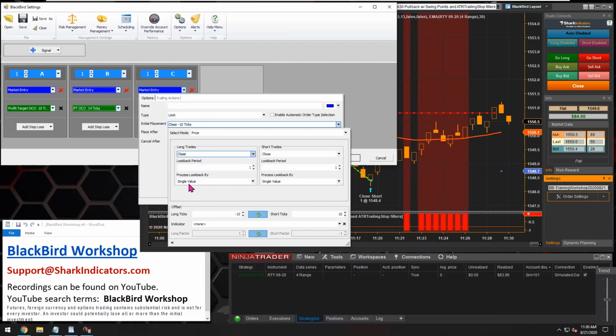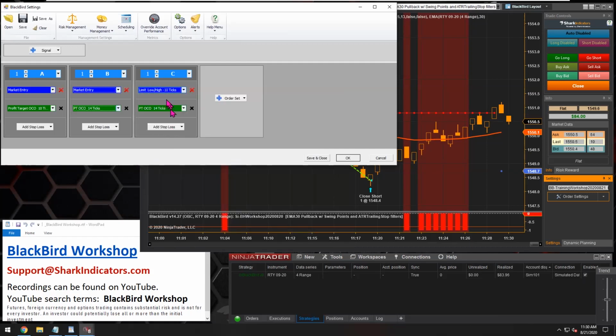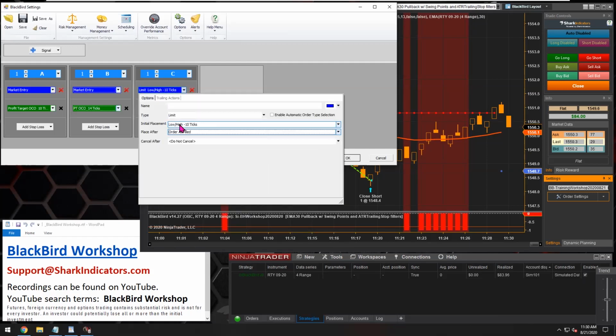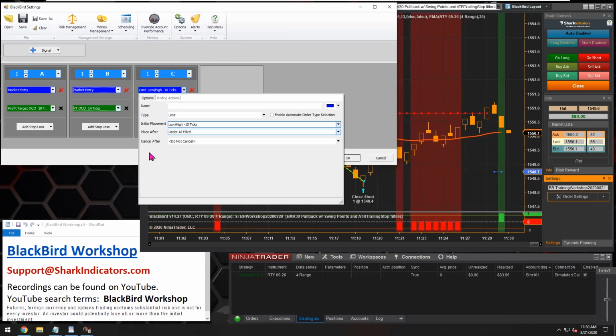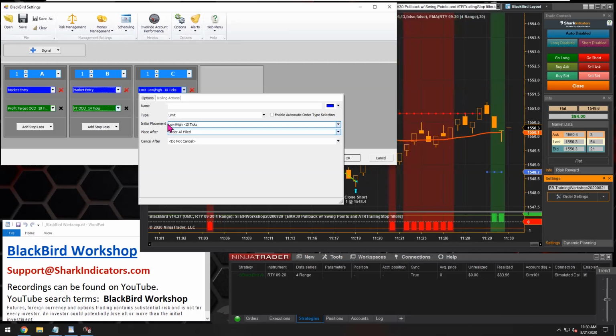Let's do there, the low. So if I'm placing a limit, or if I'm taking the low price and placing a limit order, what if the market never fills my entry order? Do you want that entry order hanging out there all day waiting to get filled? No, of course not, right? You're going to use your own personal discretion, and at some point you're going to give up on the trade.